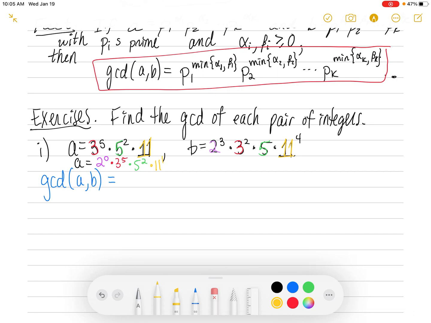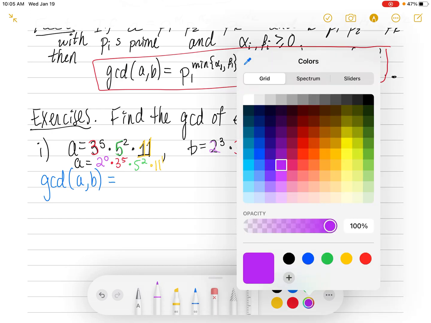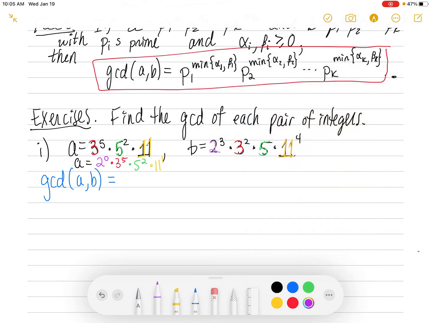Now we can say we have common primes 2, 3, 5, and 11. When finding the GCD of A and B, I start with my common prime 2 and put the smallest of the two exponents. The smallest of the exponents, 0 and 3, is 0.